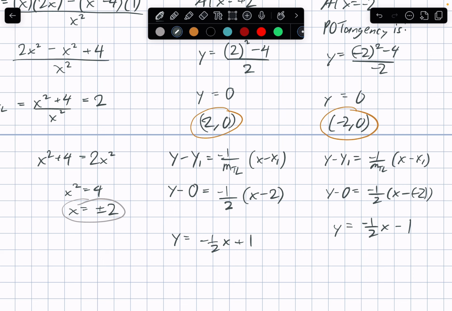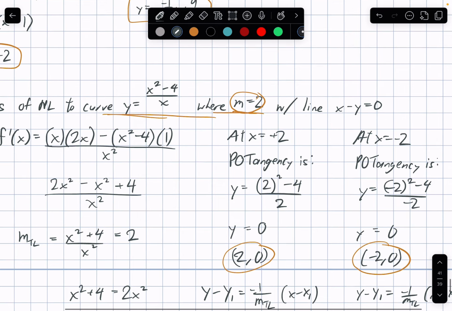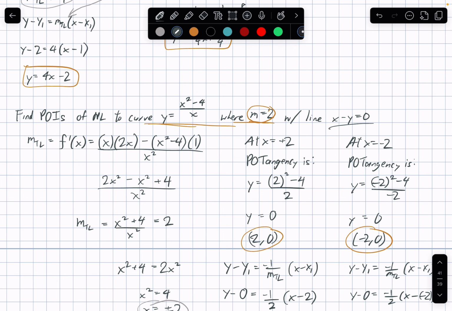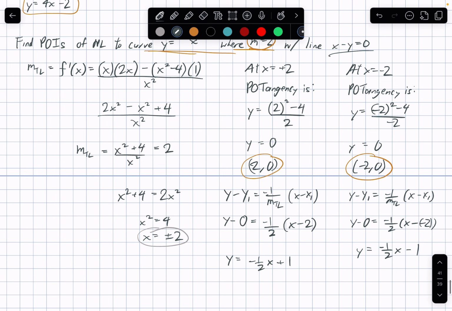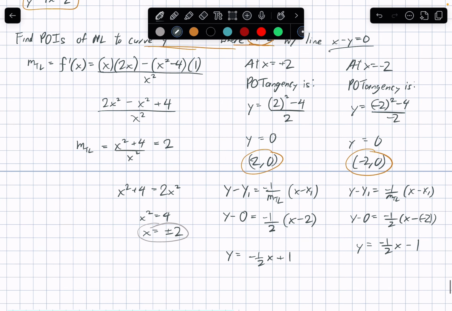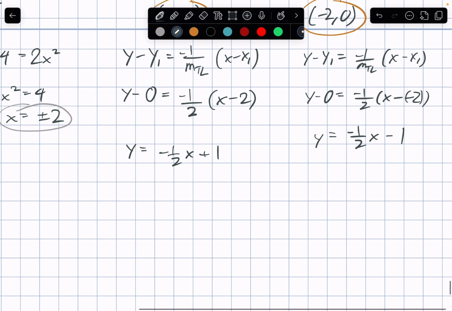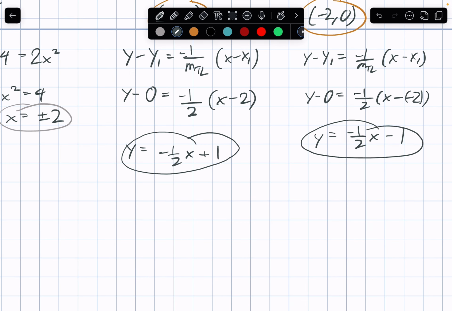So what's the next step? We are given a line x minus y equal to 0, right? So what you would want to do is basically turn these two equations into, well, basically x and y are in one side, let's say the left side.